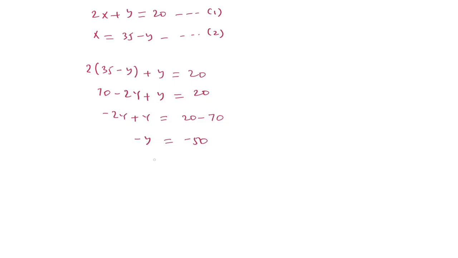Then our equation is going to be y equals 50. Okay, so now let us substitute the value of y into equation number 2. Then our equation is going to be x equals 35 minus 50, of which after solving the values, we are having negative 15. And those are the values of x and y requested.